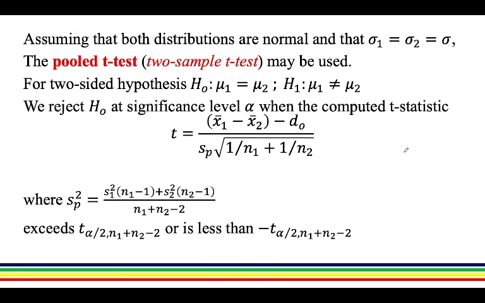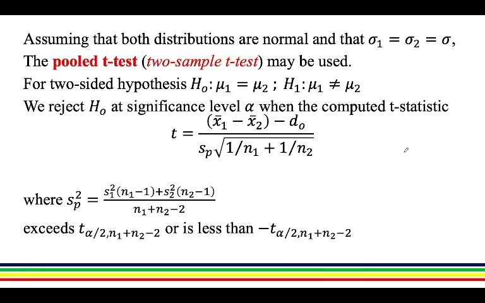Now, assuming that both distributions are normal and that the variances are both equal, the pooled t-test, or commonly known as the two-sample t-test, can also be used.